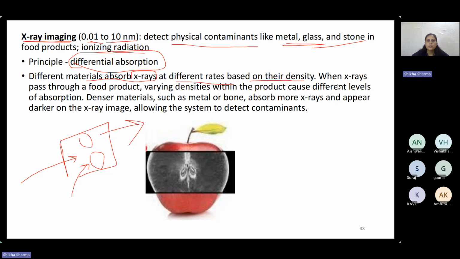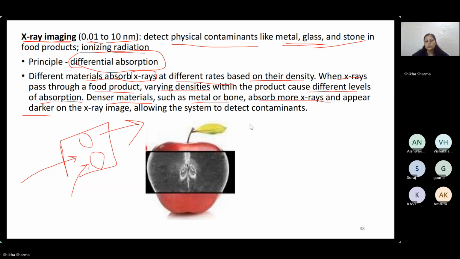When X-rays pass through a food product having different densities, different levels of absorption will happen, and denser material like stones, bones, or rocks absorb more X-rays and appear darker.